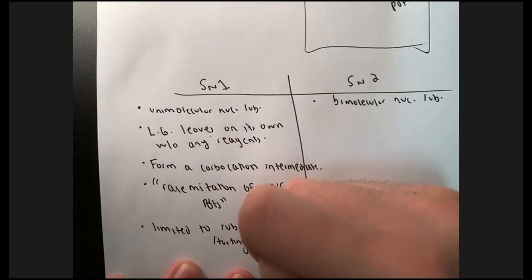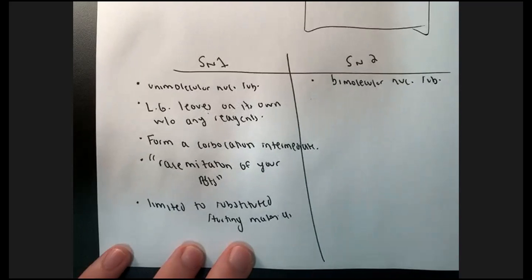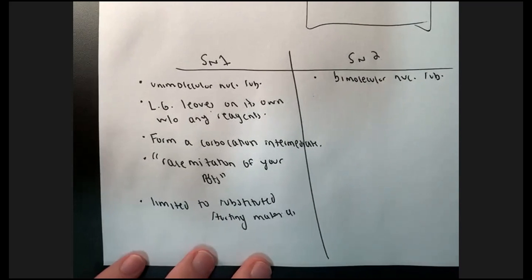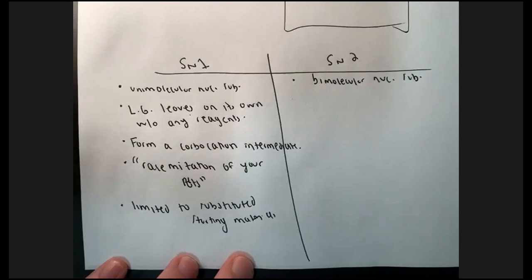This whole section is a lot more conceptual than any other section, even in Orgo 2, in my opinion. I think this is probably the hardest chapter in all of Orgo 1 and 2, personally. Some people agree, some people don't. If you get through it, you'll be good. So that's all the considerations I want to cover for SN1, okay?